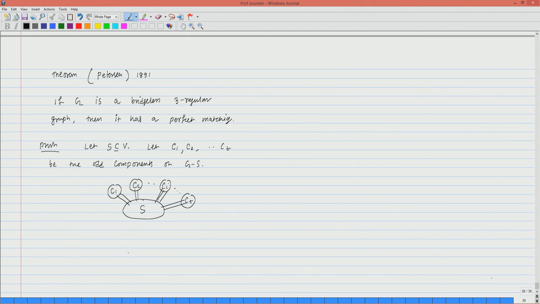We do not know how many edges there are between S and C1 in the graph G.